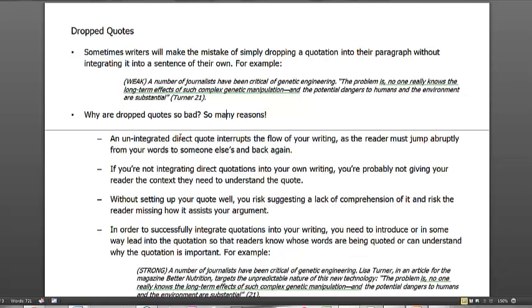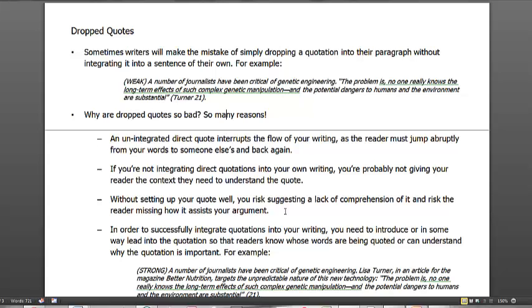So again, the direct quote can interrupt your writing. You're probably not giving your reader the context they need, so you just started right in. It's not clear who is saying it. And it's also making the reader do the work when really you as the writer should be the one to do the work.